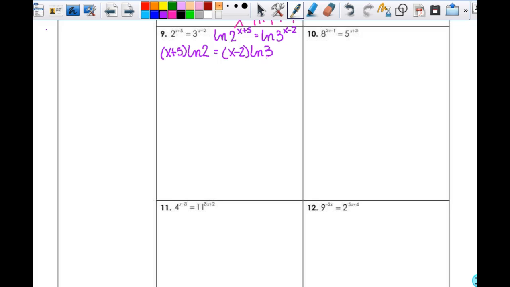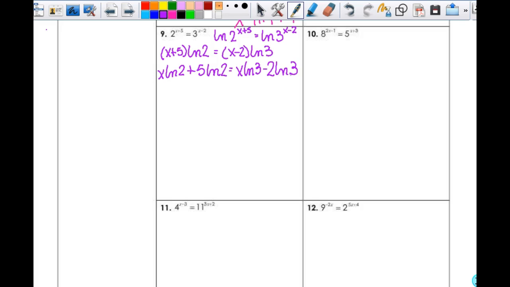It's going to actually make things harder. So on the other ones I didn't distribute, because I could have but didn't have to; here I have to. So we have to go ahead and distribute these. This will give me x times the natural log of 2 plus 5 times the natural log of 2 equals x times the natural log of 3 minus 2 times the natural log of 3.